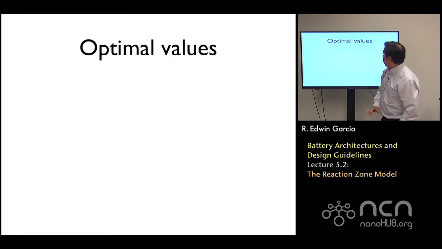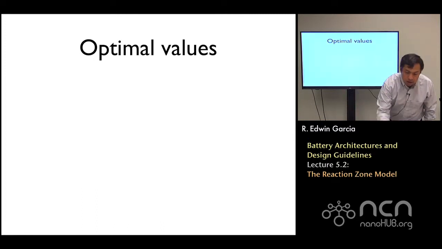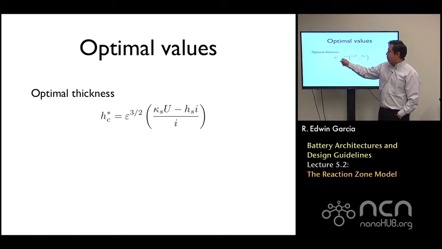So if you do that, okay, we can find those optimal values, and it becomes a very straightforward approach. Simply, you just take the derivatives, the partial derivatives with respect to these parameters, and try to find the extrema, and then substitute it back, and you will find that the optimal thickness really ends up being a function of the porosity, the separator, and the current that you use.